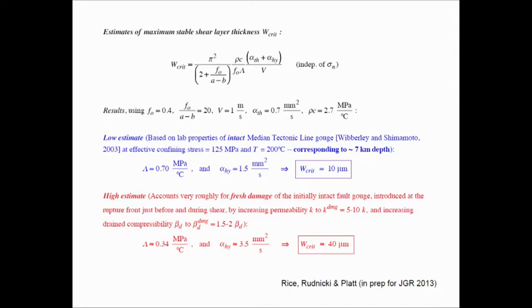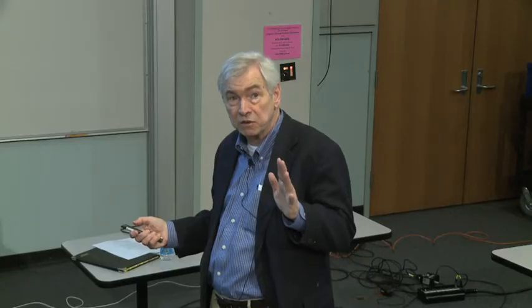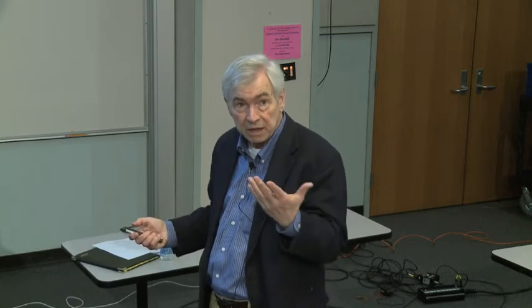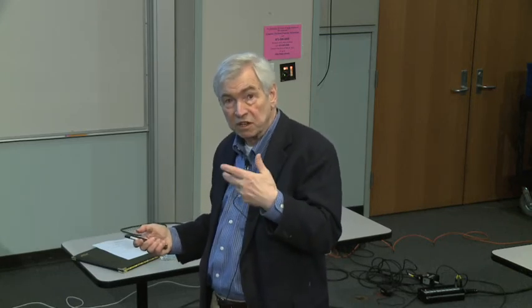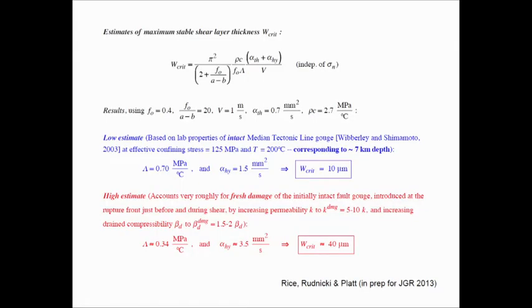Diffusivities thought reasonable, and from the direct experimental data on the median tectonic line gouge, but at pressures corresponding to about 7 kilometers depth, what we get are localized zones which are of the order of 10 microns or so. You could put large factors on that final number because there's a lot of uncertainty here, but at least we get extremely thin localized zones predicted, or I should say hinted at, because this is still linear stability theory only, and we're looking at the first wavelengths to go unstable, but they're very small wavelengths.